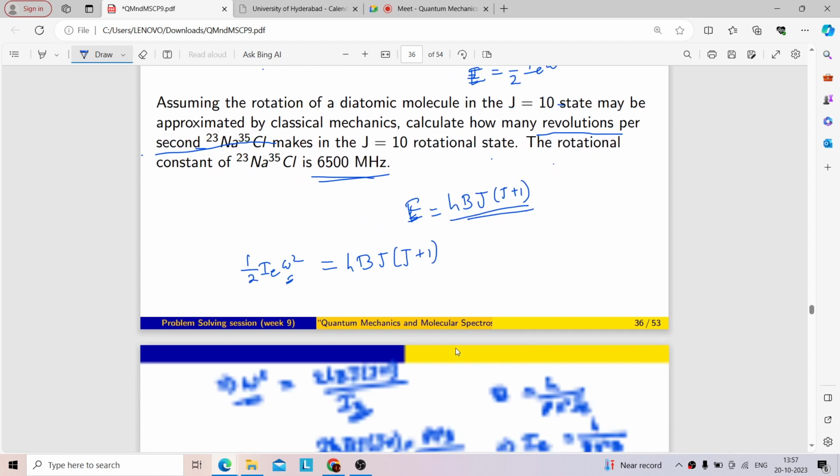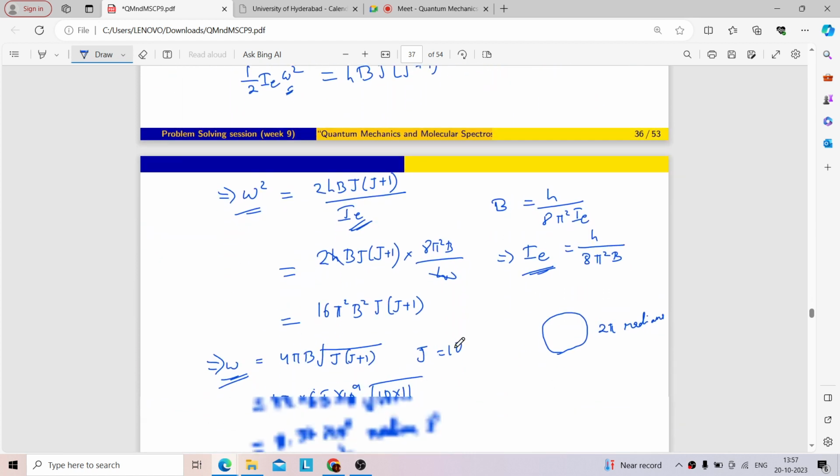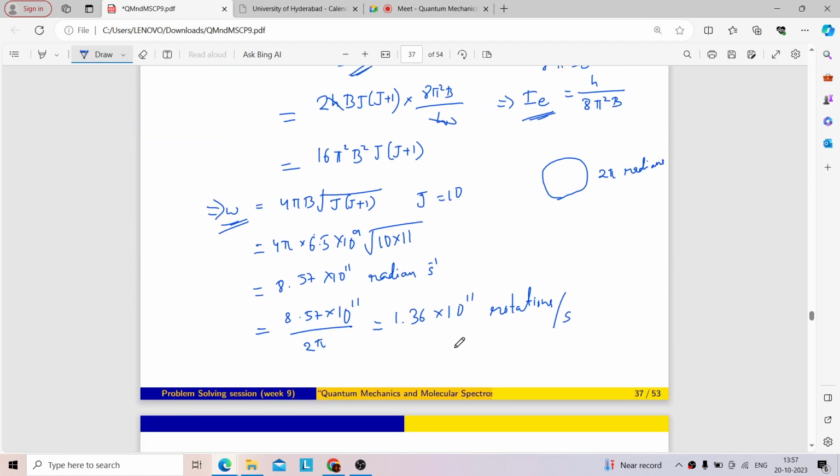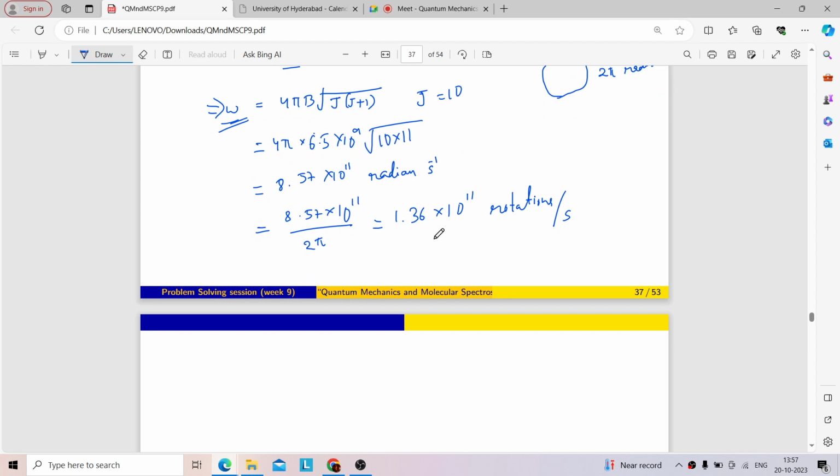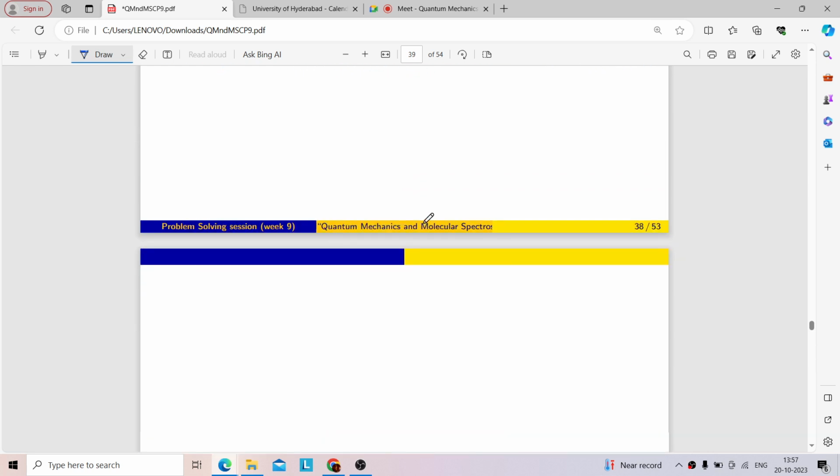After equating these two forms of energy, we got the formula in terms of omega. Now putting all the values, we got the rotation per second to be 1.36 times 10 to the power 11 rotations per second. Okay. Now moving on to the next question.